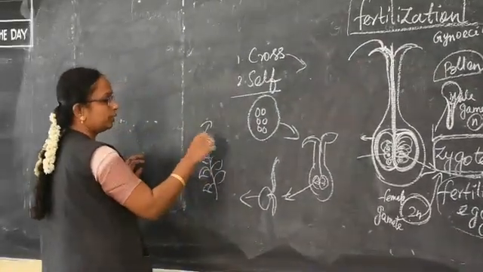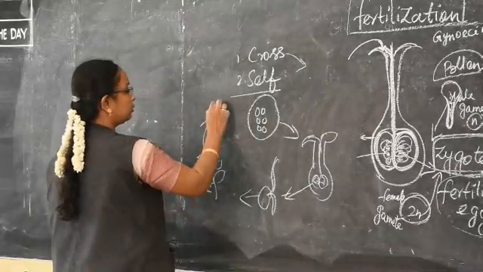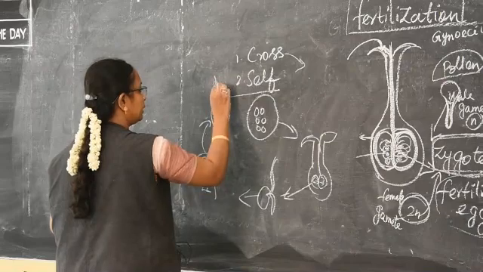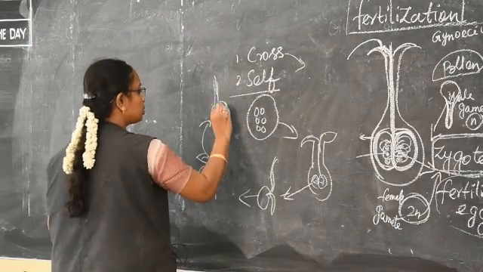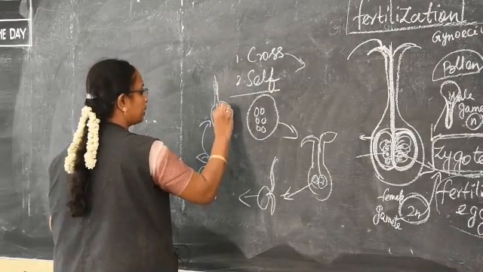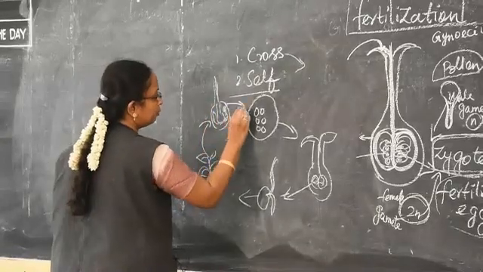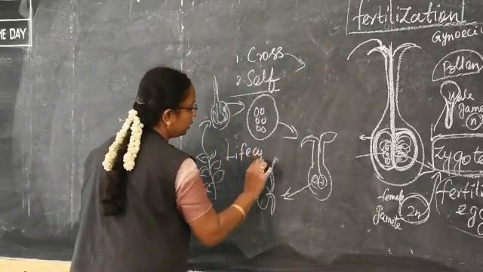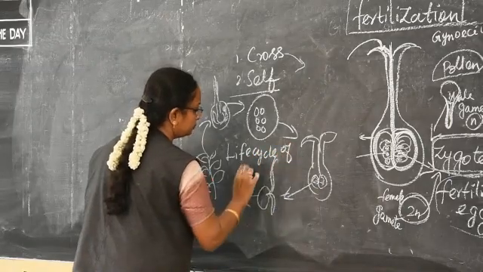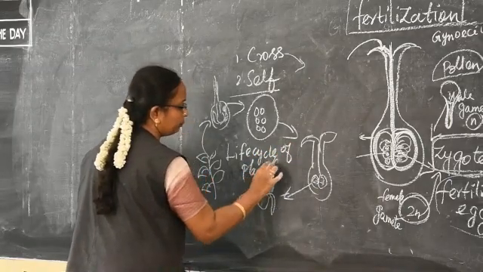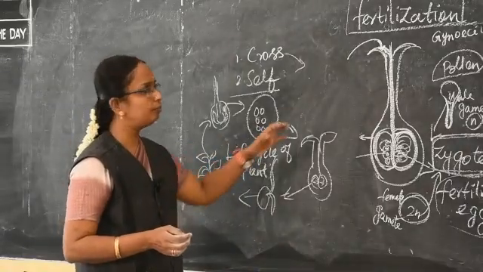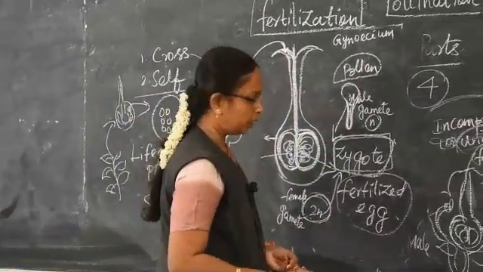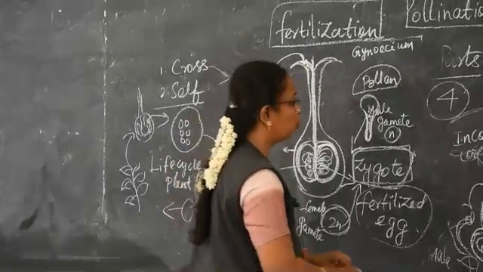This plant, after development, may be either bisexual or unisexual, and develops all the sex organs, male and female. Again it develops into anther. So this is known as the life cycle of the plant. So these are the processes of pollination and fertilization. After pollination and fertilization, what has happened?